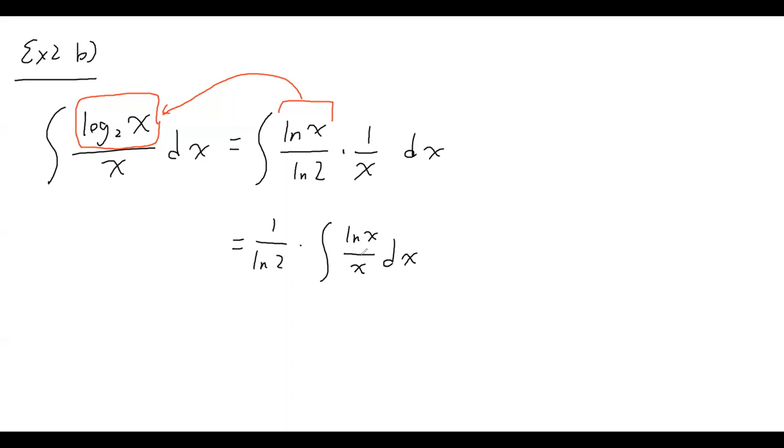Okay, so this is a pretty interesting integral here. We have ln x on top and x in the denominator. Now, I believe you guys have tools to integrate this. So if you want, you can pause the video and try to evaluate this integral on your own.